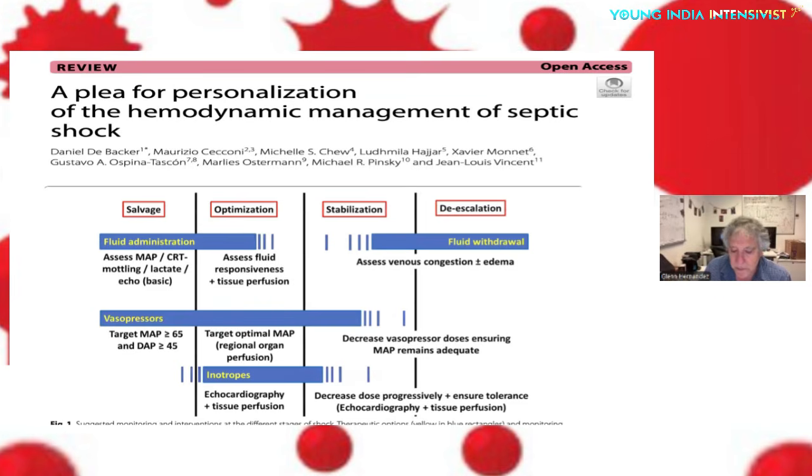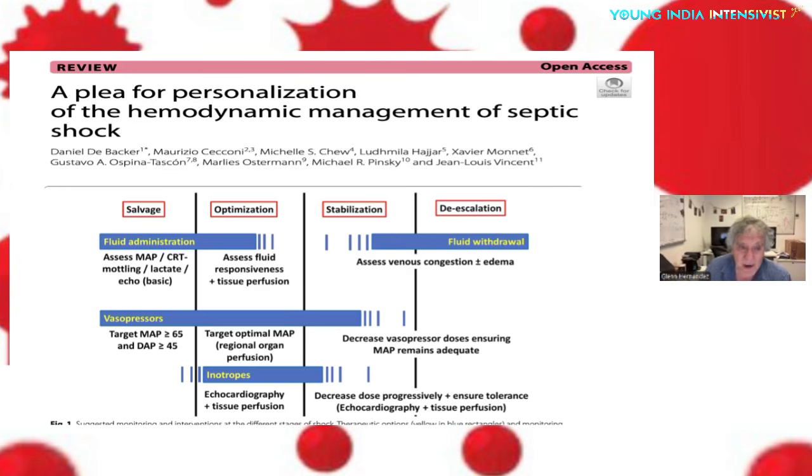But there is a relative and strong, and getting stronger, consensus, I would say, among people who, like me, work in septic shock resuscitation, that we have to go for personalization of the hemodynamic management. It's not easy.